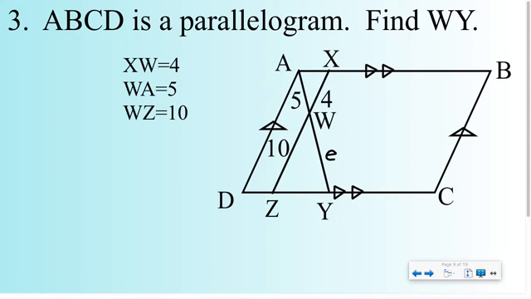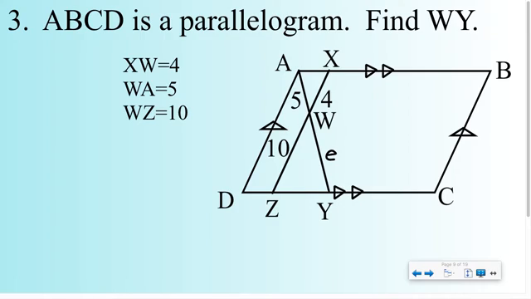Would it work to use side, side, side? No. Would it work to try side, angle, side? Do you know two sides in each triangle right now? Okay, so can I use side, angle, side? No. So what's my third one I have left over? Angle, angle.